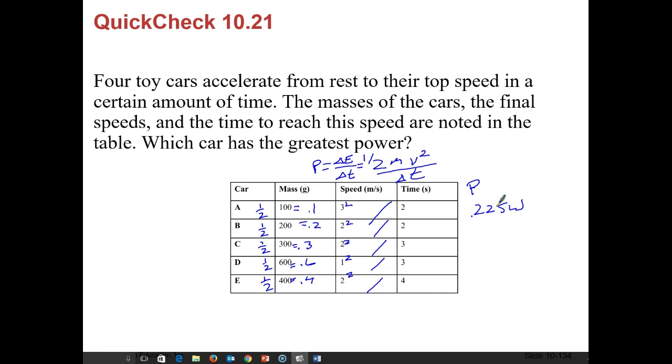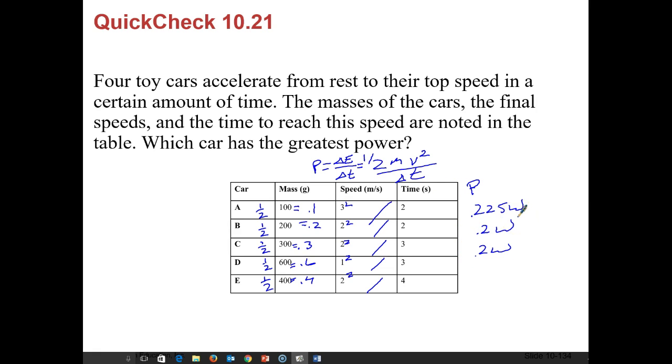And now we're going to do 0.5 times 0.2 times 4 divided by 2, and this gives us 0.2 watts. Next one is 0.5 times 0.3 times 4, and we're going to divide that one by 3, and this one is 0.2 watts.